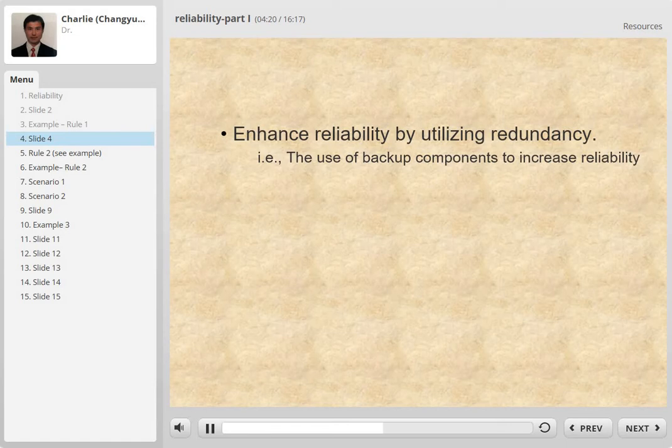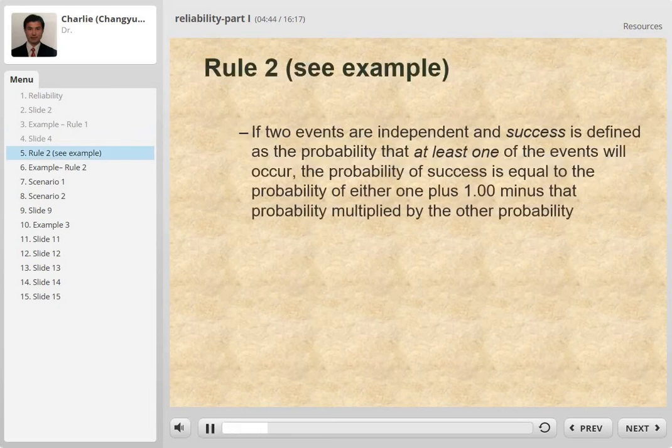Or sometimes we can only use this existing product with a certain reliability, but we want to increase the reliability. What are we going to do? We can use an idea we call redundancy. In other words, we have backup components, which is the way that we can increase the reliability. Here's rule number 2. Use redundancy to increase reliability.